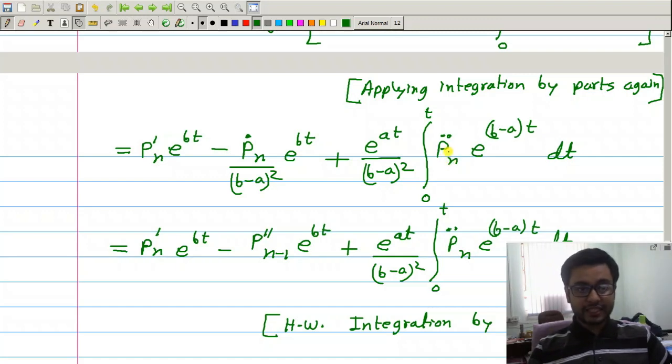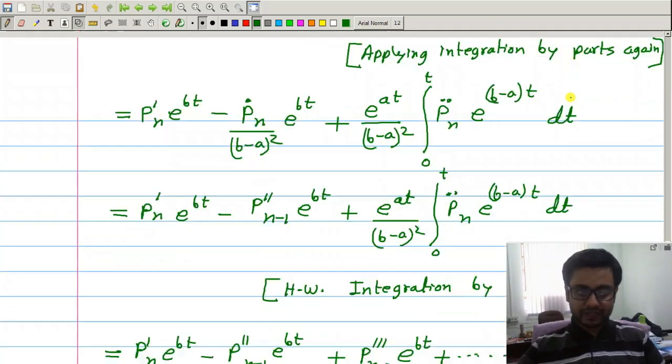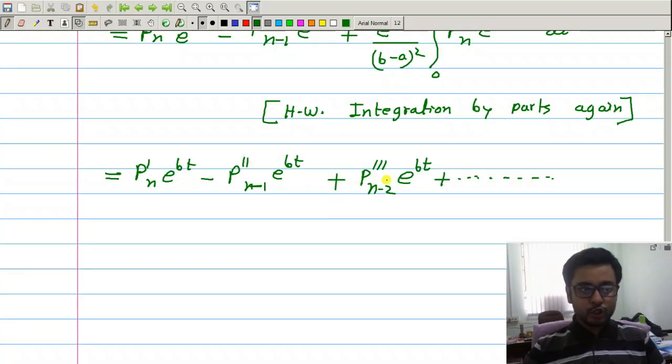If you differentiate a polynomial again and again, after n number of derivatives, it will become a constant. So at that point, your process of repetitive integration by parts will stop, and by that time you will have many other terms like this: nth degree polynomial, n minus 1th degree, n minus 2, and so on. Finally you will have maybe some constant times e to the power bt.